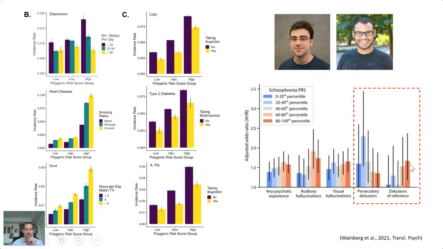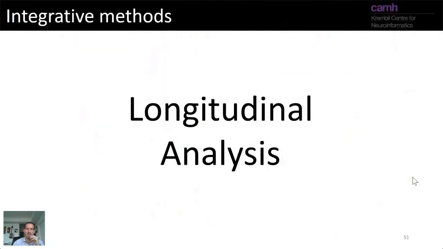It can be quite a dramatic difference in your odds of developing these delusions, depending on your genetic profile. So it's an integration of a lifestyle factor of smoking, and also of schizophrenia genetic risk on delusions. So really, really nice research from the local group.